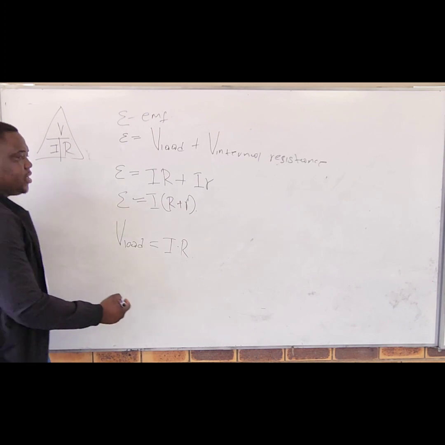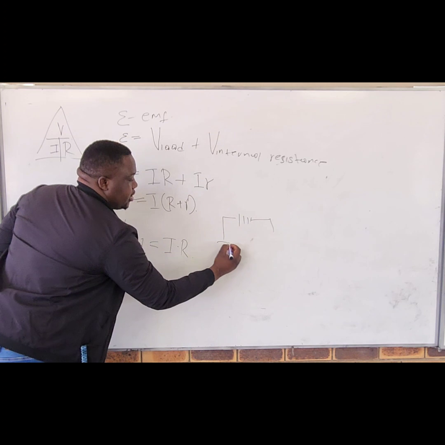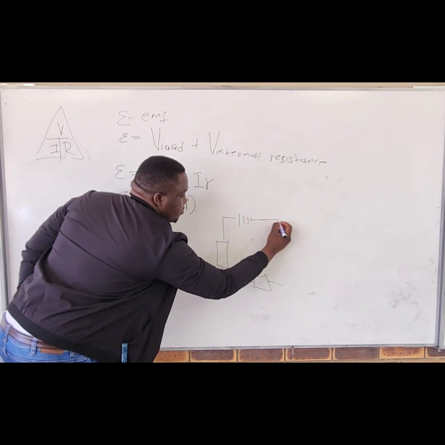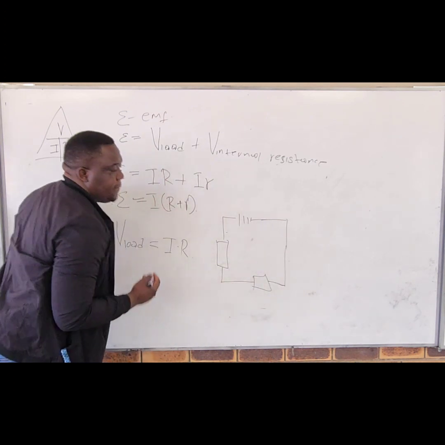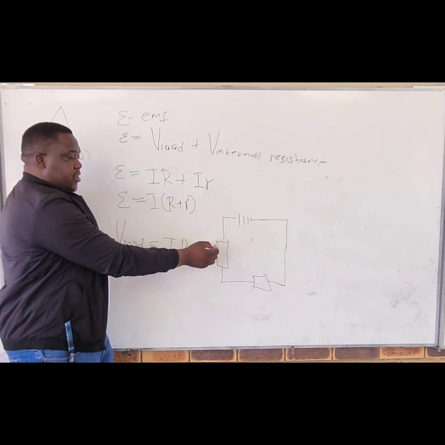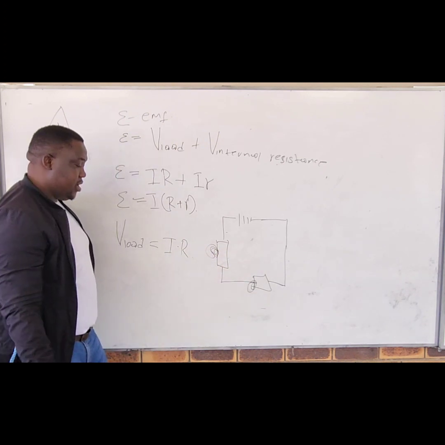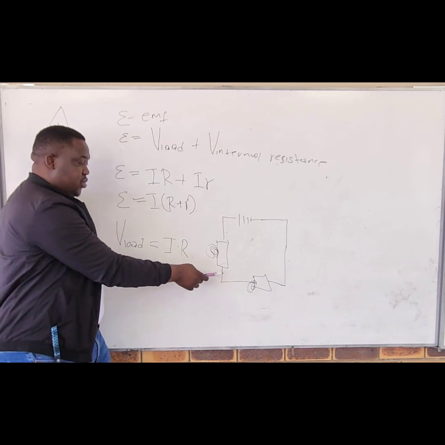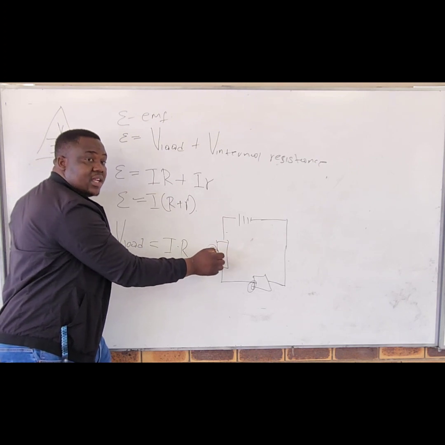You understand, right? Let's say we have got an electric circuit. Here is an electric circuit which is in series. So it means the voltage that is here plus the voltage that is here. How can we calculate it? We're going to say the total current we multiply with the total resistance.